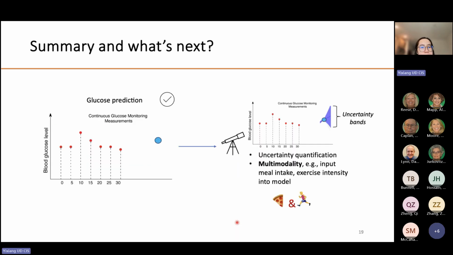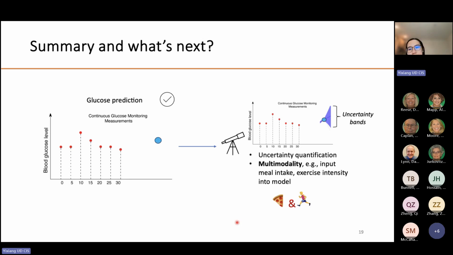So in summary, I've presented to you glucose prediction using continuous glucose monitoring combined with neural networks and transfer learning. The next steps in my lab are to address 2 factors I haven't considered. First is uncertainty quantification, for example, how confident my model is in terms of the glucose prediction.